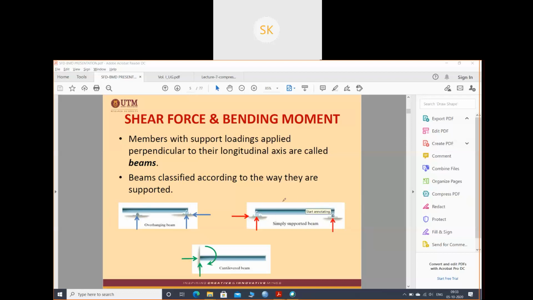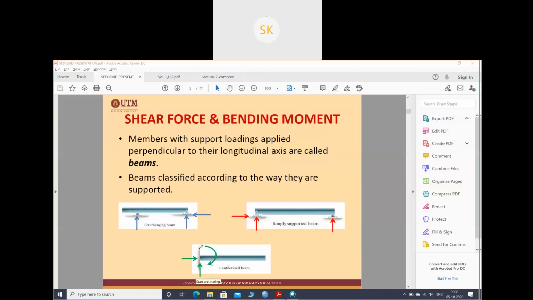Types of beams are classified according to the way they are supported. Number one is simply supported: one support will be roller, one will be hinge. Next is overhanging, where some part of the beam is overhanging. Then we have the cantilever beam.